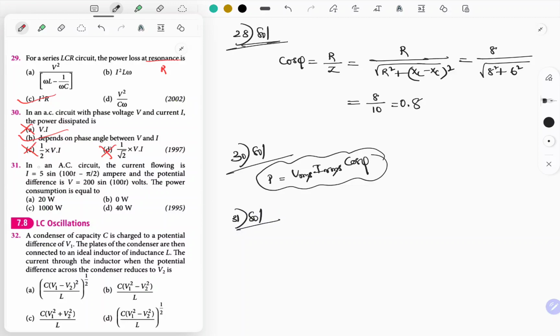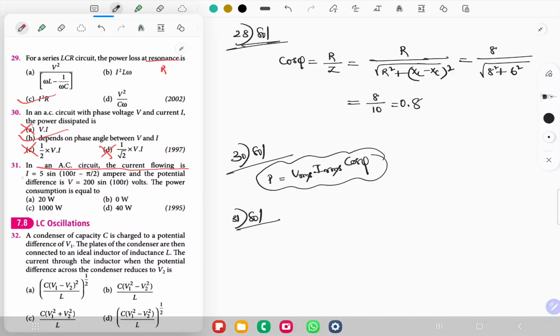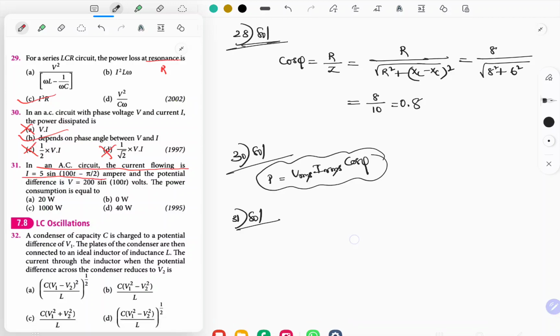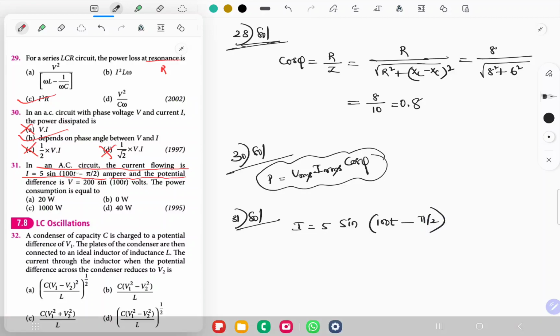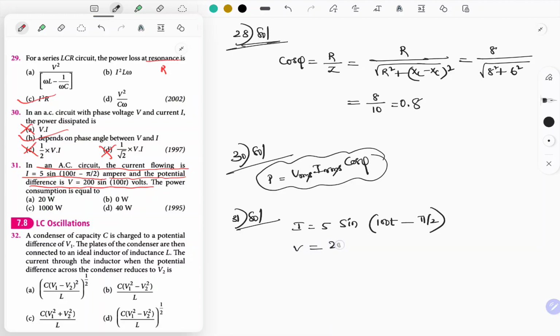Okay, next question number 31. In an AC circuit, the current flowing is I equal to 5 sine 100t minus pi by 2 ampere, and the potential difference V is equal to 200 sine 100t.